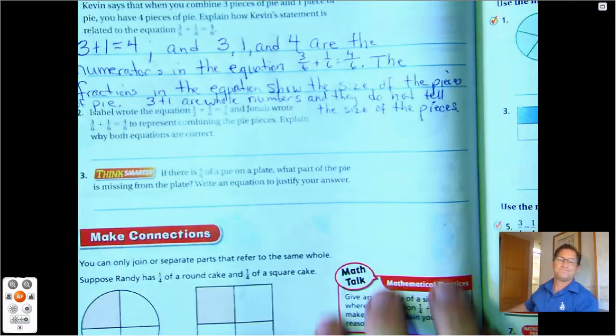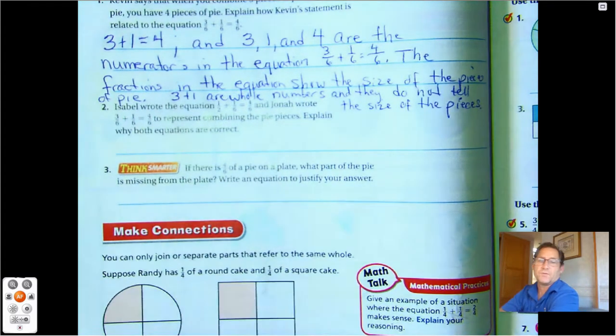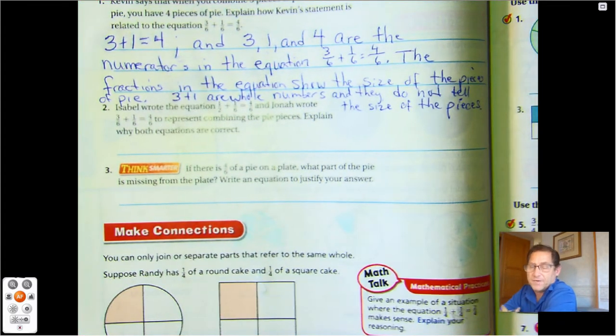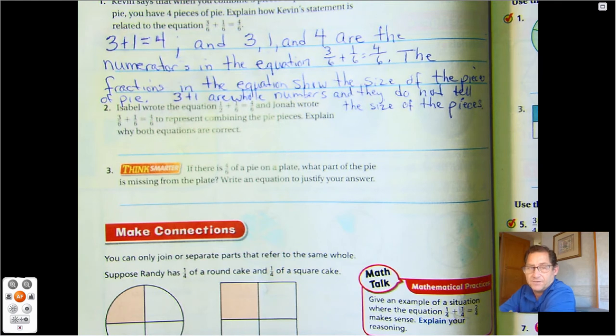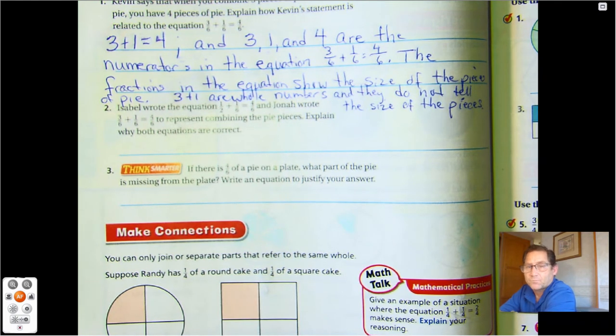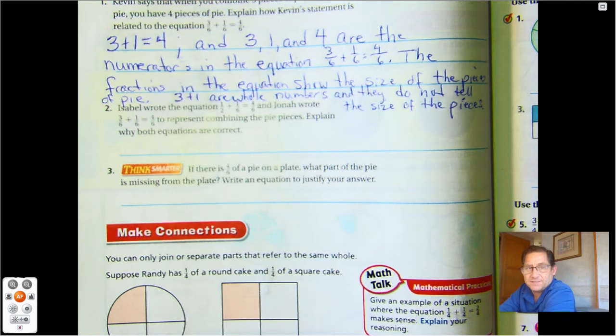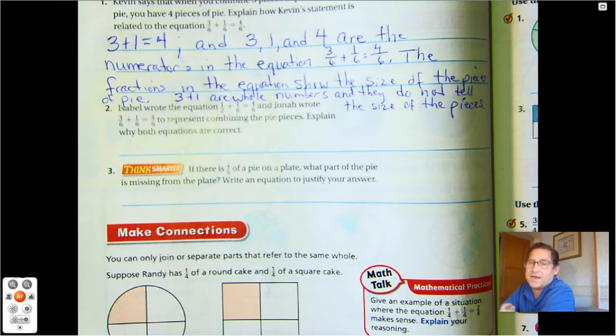So 3 plus 1 are whole numbers. 3 pieces, 1 piece is just telling you those are wholes. Okay. And they don't tell you the size of the pieces. So if you put 3 sixths, though, now I know the size.